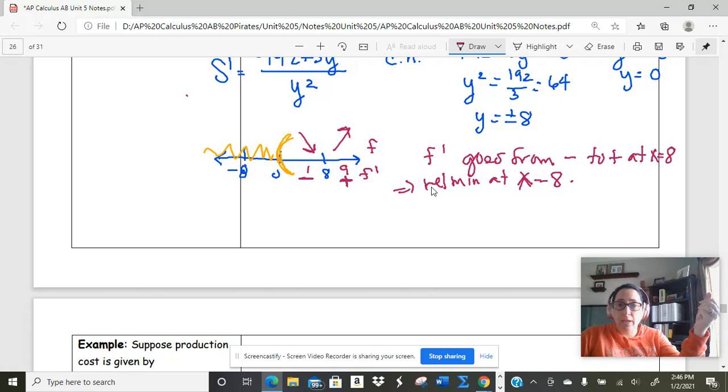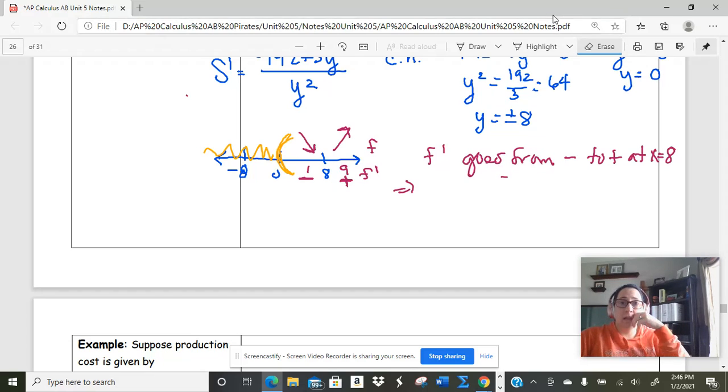Well, this is a special case. So since this goes from negative to positive and it is the only critical value in our domain, okay?